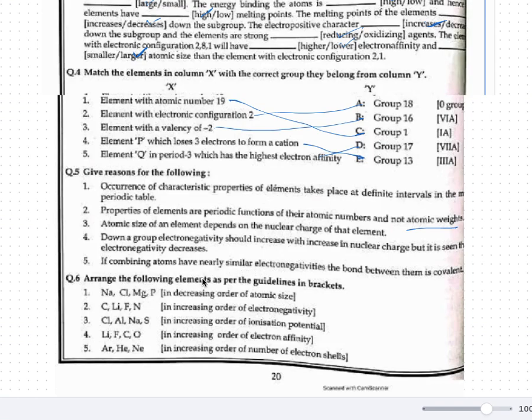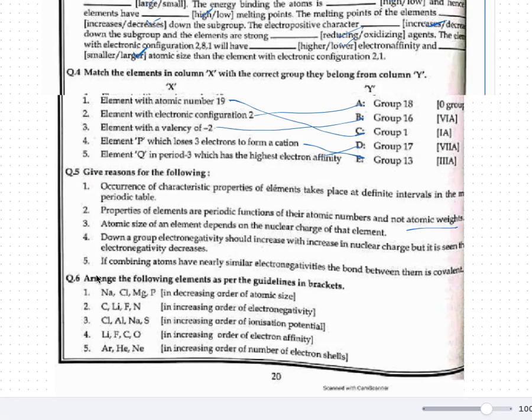Arrange the following elements as per guidelines in brackets. In decreasing order of atomic size, we have to go from left to right, because atomic size decreases from left to right.